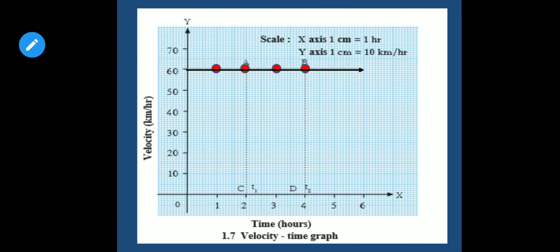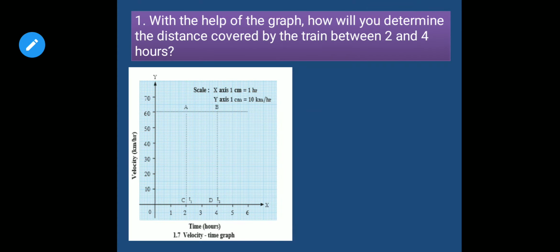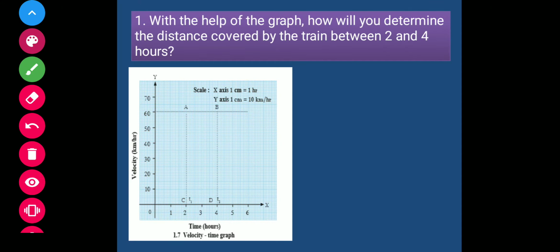Let's solve a textbook question based on this graph. First question: with the help of the graph, how will you determine the distance covered by the train between 2 and 4 hours? So we have to find out how much distance is covered by the train between 2 to 4 hours, and this is 2 hours.